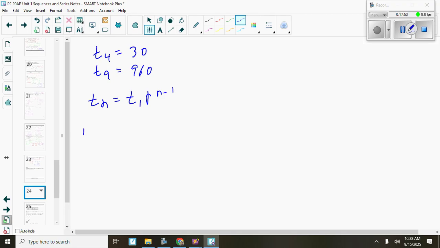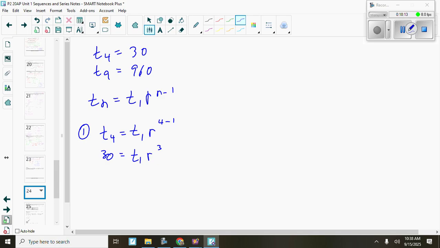So our first equation would be, term 4 would be term 1 r to the 4 minus 1. We know what term 4 is, so 30 is equal to T1 r to the power of 3.